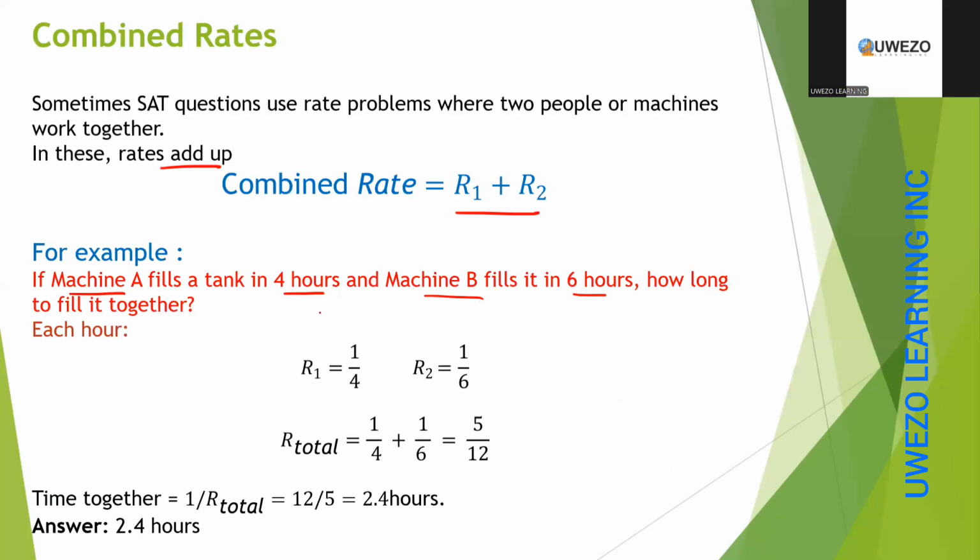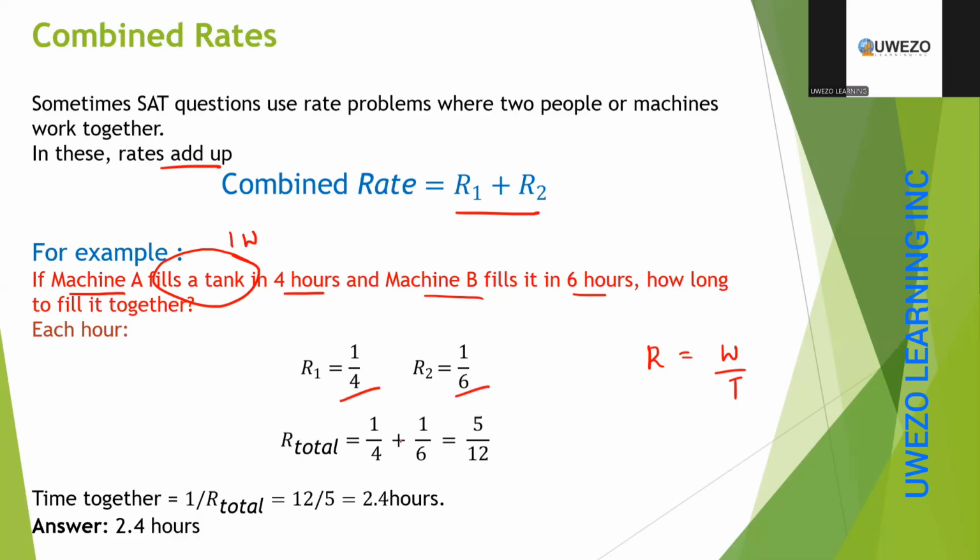To calculate the time both would take to fill the tank, we need to calculate the individual rates first. We know rate equals work over time. Here the work is filling a tank, which is one work divided by the time, 4 hours and 6 hours. So the rates are 1 over 4 and 1 over 6 respectively.